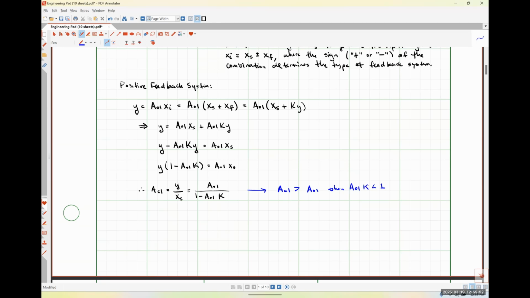So essentially, in a positive feedback system, we should expect to see that our closed loop gain is larger than our open loop gain. Now, what do you guys think might be a consequence of this? In the context of the circuits that we've been talking about, where we have a very large open loop gain, if our closed loop gain is even larger, that means that our linear range of amplification is going to be even smaller.